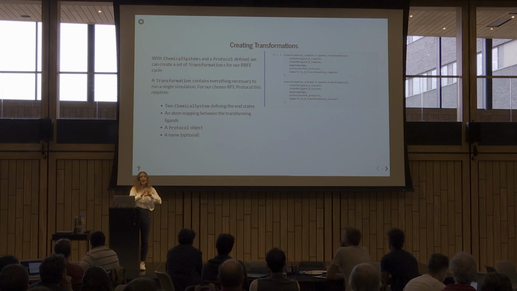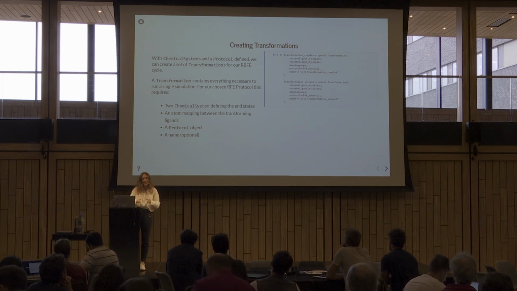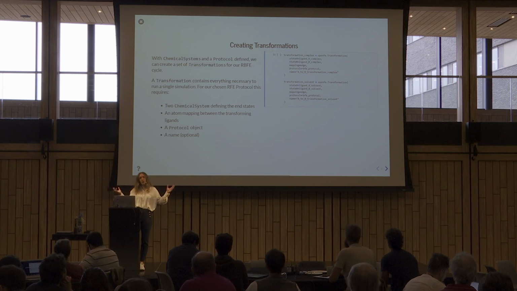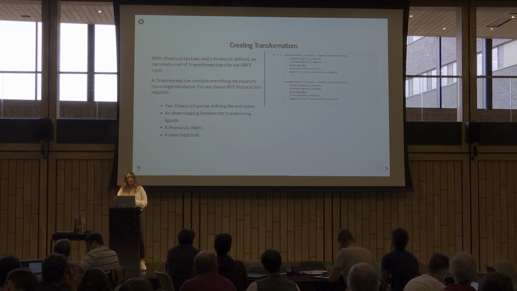Okay, so now going back, thinking about the thermodynamic cycle, we have defined our different end states, so our chemical systems. We have defined the arrows between the end states, which is our relative hybrid topology protocol. And now we want to create transformations. And the transformations really just combine all of what we have done so far. So they take in our end states, the two chemical systems.